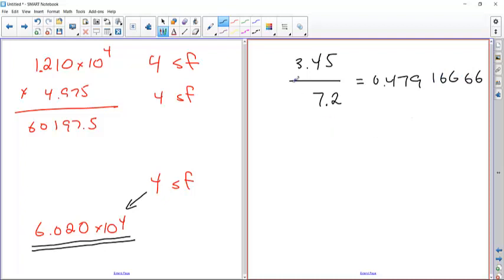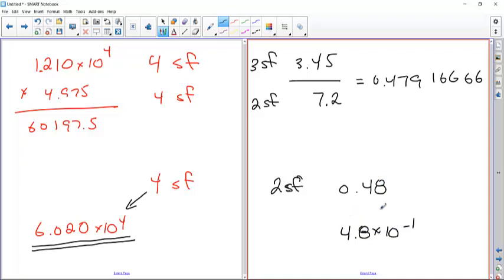Okay. This has 3 significant figures. This has 2 significant figures. Therefore, the answer has to be 2 significant figures. So you take this and you would make it into 2 significant figures. So you'd round that up to 0.48. Or you could do 4.8 times 10 to the minus 1. Either one of those would be fine.